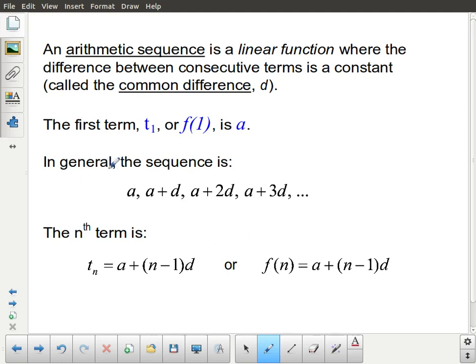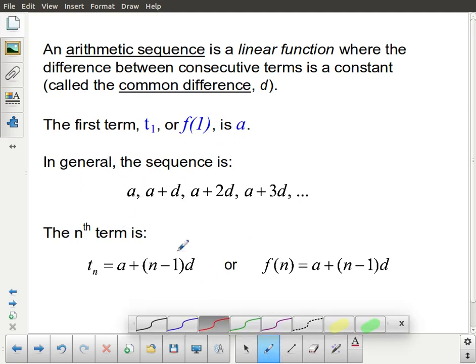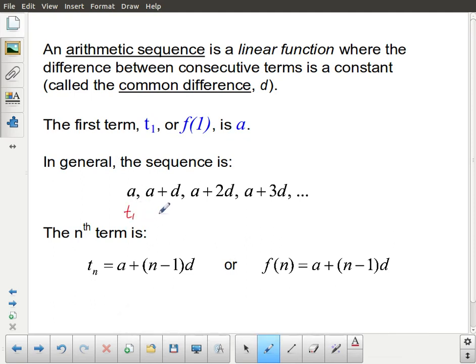And so that means in general, the first term, so here's t1, let me just put that in here. There's my first term, there's my second term, there's my third term, there's my fourth term, and so on.